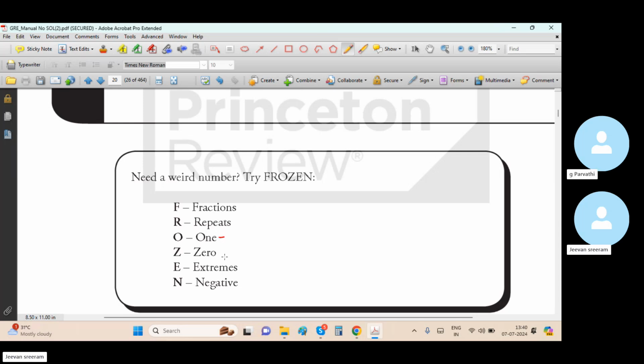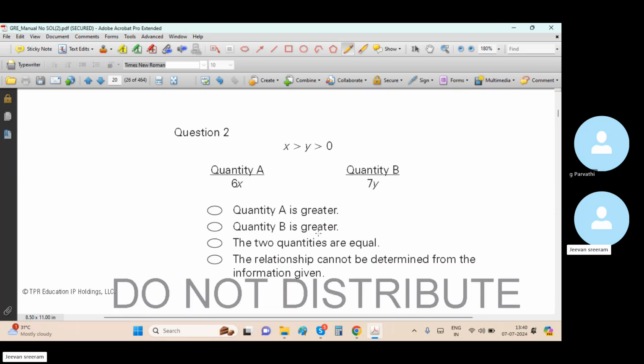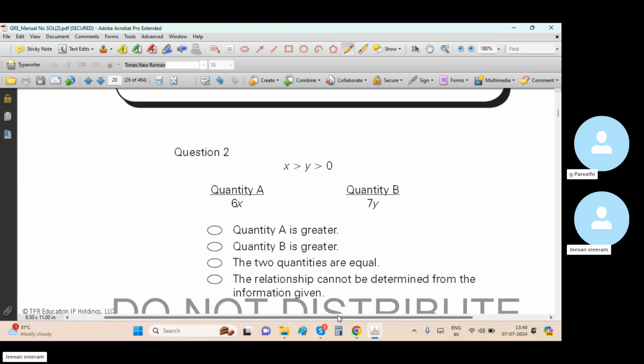And 1, 0, Z for 0, E for extremes, N for negatives. So mostly always try negatives and also fractions. Sometimes negative fractions can also work really great. Try this FROZEN, please remember FROZEN.